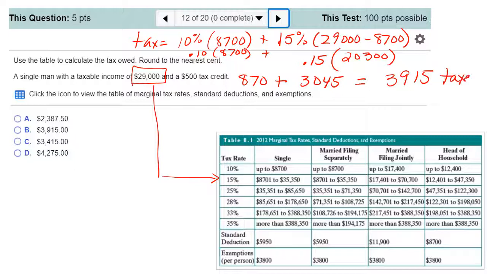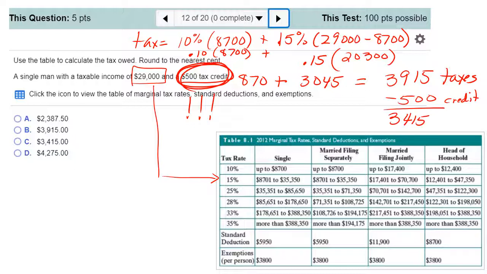But this man also has a tax credit. Yippee, yippee, yippee. Okay, tax credits you get to take off from what you owe the IRS. So I take off his credit at the end, and once I subtract that 500, the amount of money that he owes would be $3,415. Answer choice C.